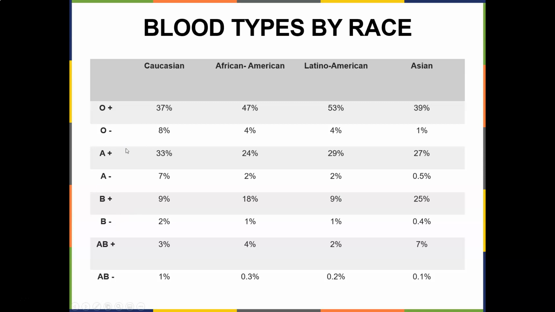So the only way to be O is if both parents are O. The only way to be AB is if one parent is A and one parent is B. The way to be B positive would be both parents are B, or one is O and one is B.